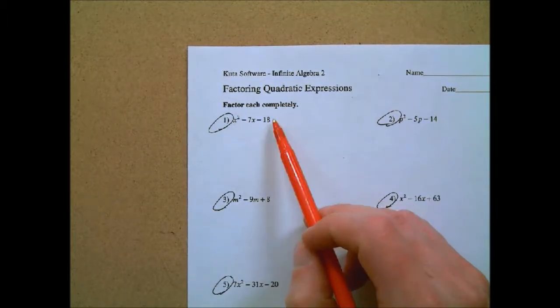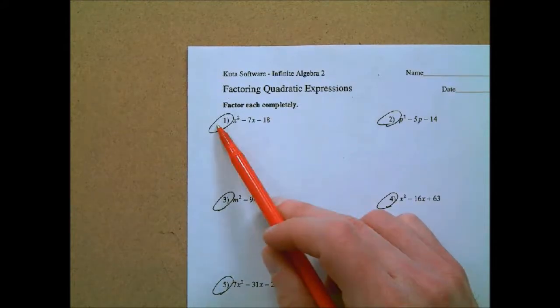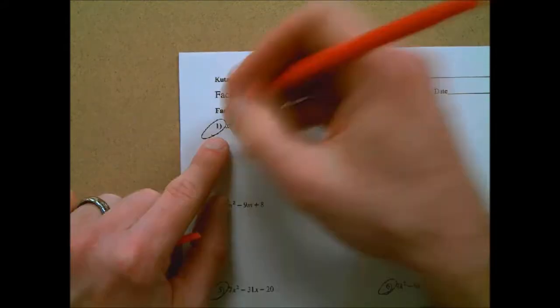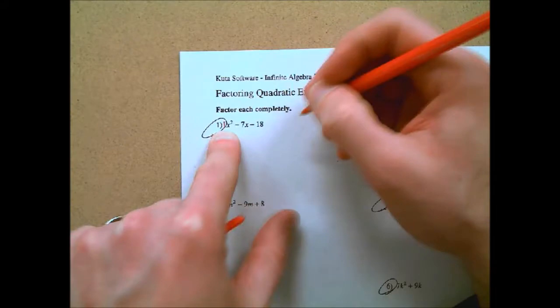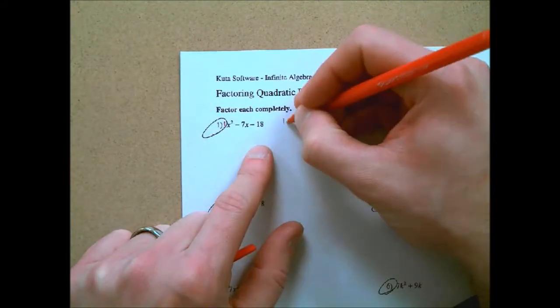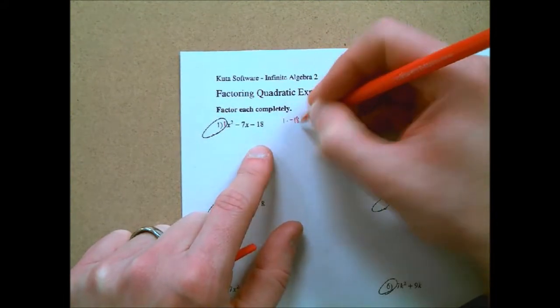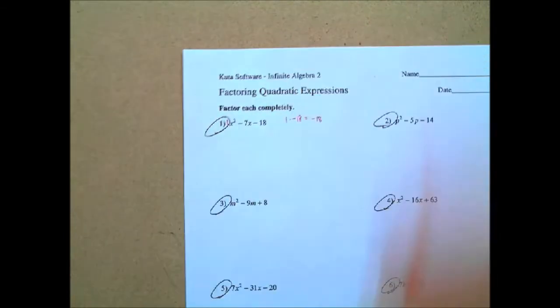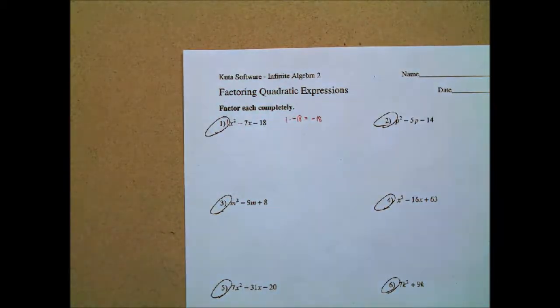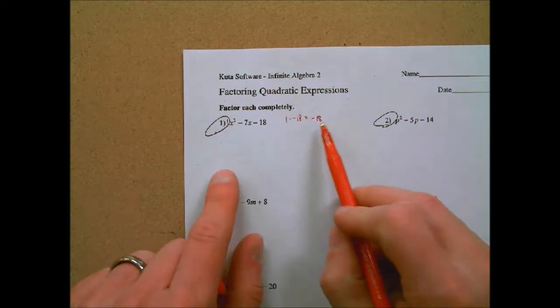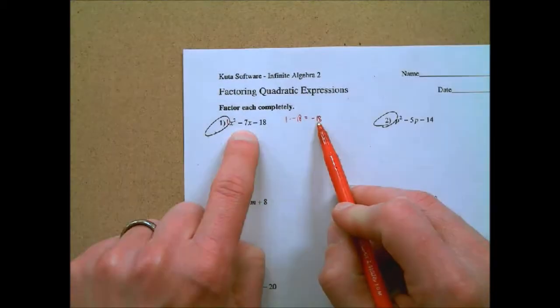So it'll be 1, sorry, this one right here that's kind of understood to be there, times the negative 18, which is just negative 18. So we need two numbers that multiply to negative 18 and then add to negative 7.